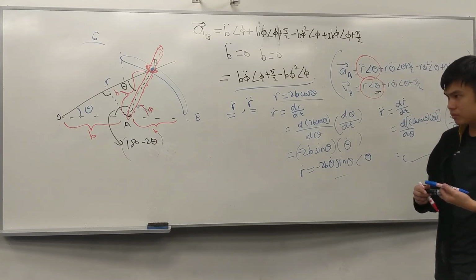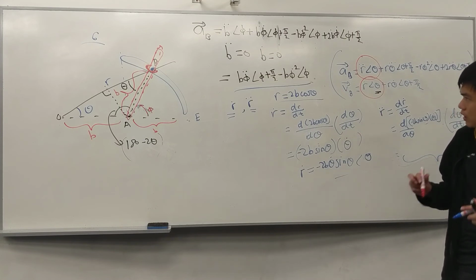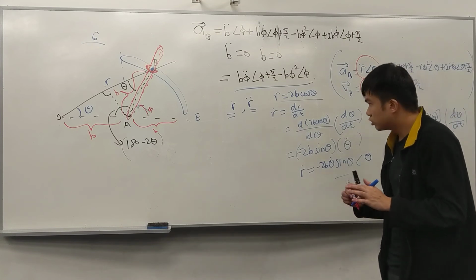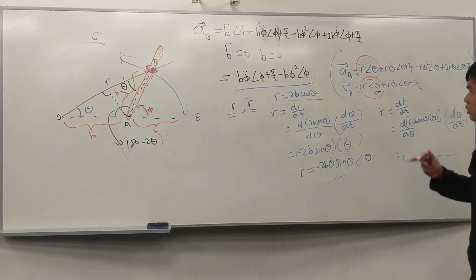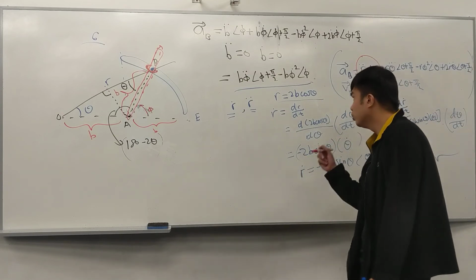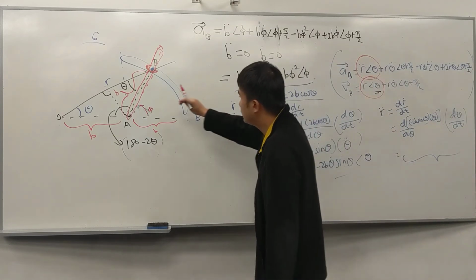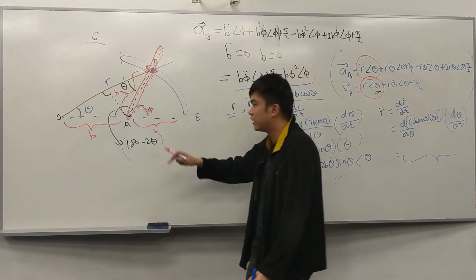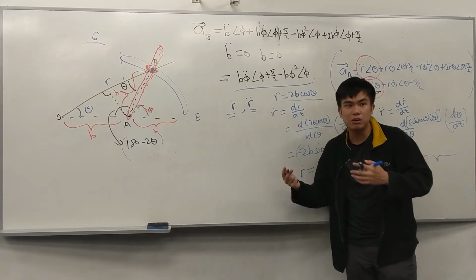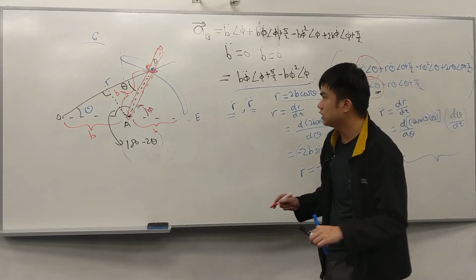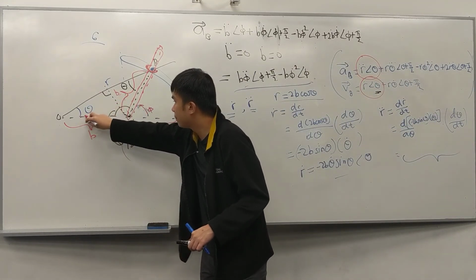Okay, so a bit of a recap. What have we done here? It looks complicated, but please go home and take some time to internalize it. What we're trying to do here is find the unknowns. The unknowns we have are R and phi, and you need to find some way to represent them with the available quantities you have. In this case, the quantities are b and theta.